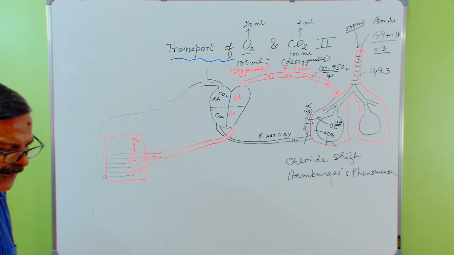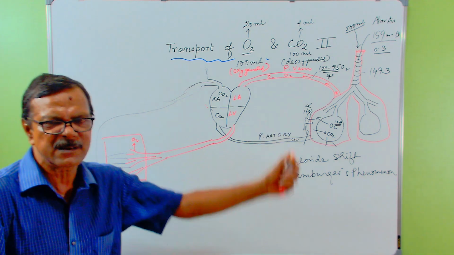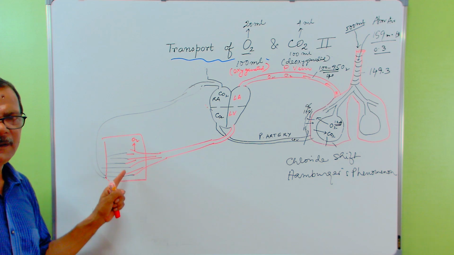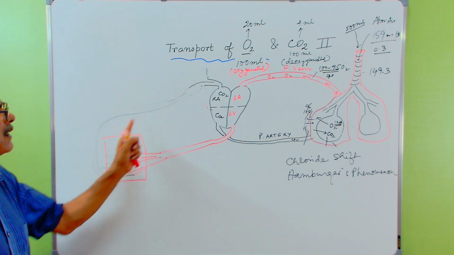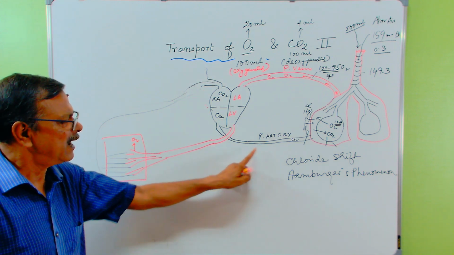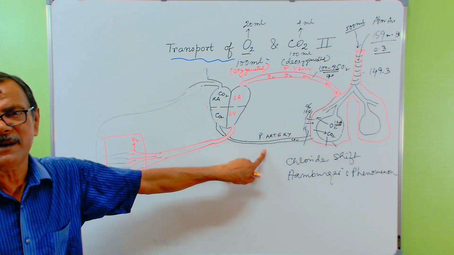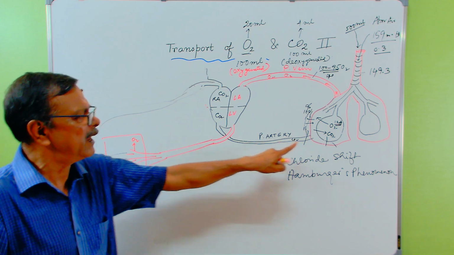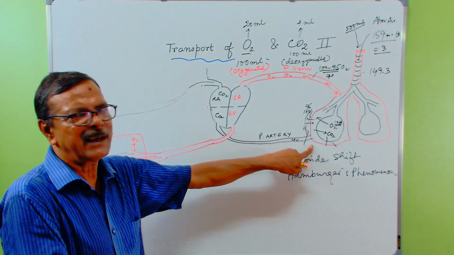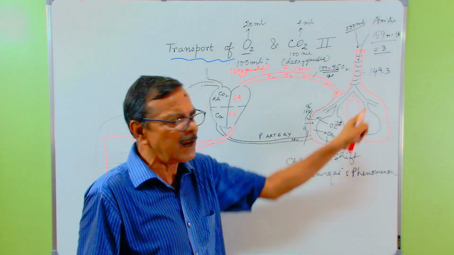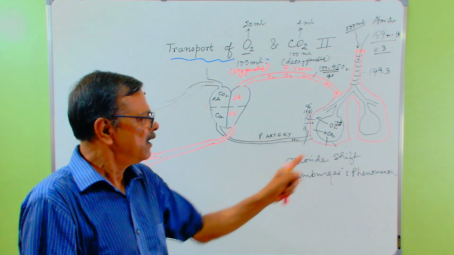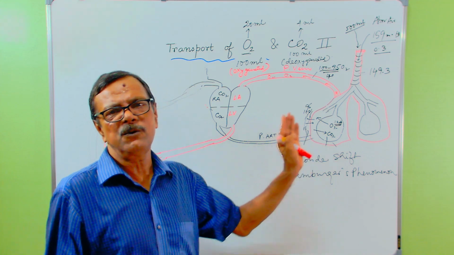So you can start at any point. You start from here. After oxidation of foodstuff, the CO2 rich blood, the pulmonary artery brings the deoxygenated blood to the alveoli. In the alveoli, the gas exchange takes place. Because of the difference in the partial pressure, the diffusion takes place, oxygen takes in, and CO2 goes out.